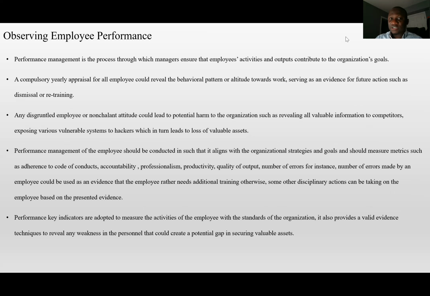A disgruntled employee could affect the production or the integrity of the organization. So it's important to evaluate every employee, look at performance, have metrics, gather that evidence, and look at what could be responsible for a particular habit or behavior.